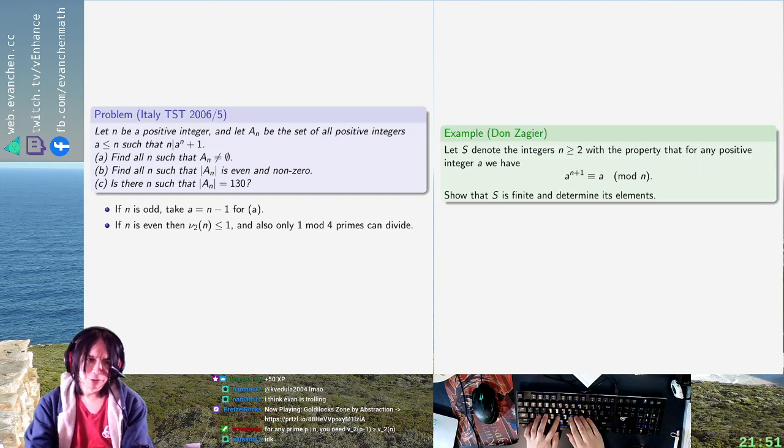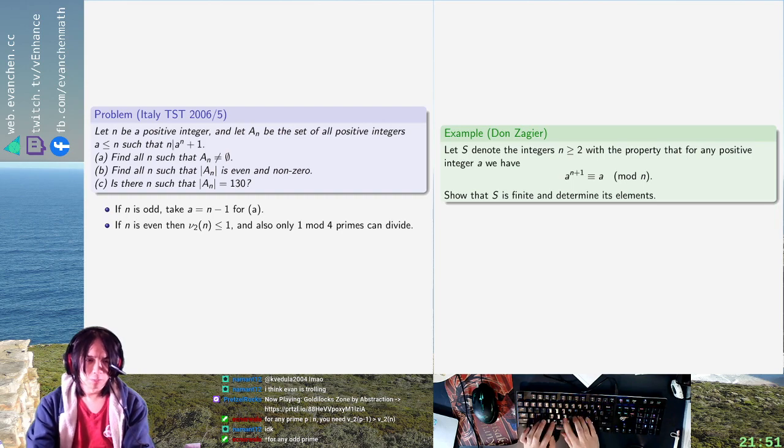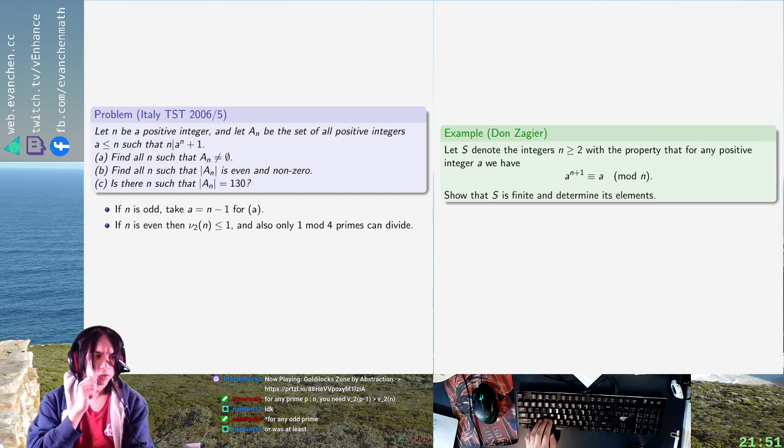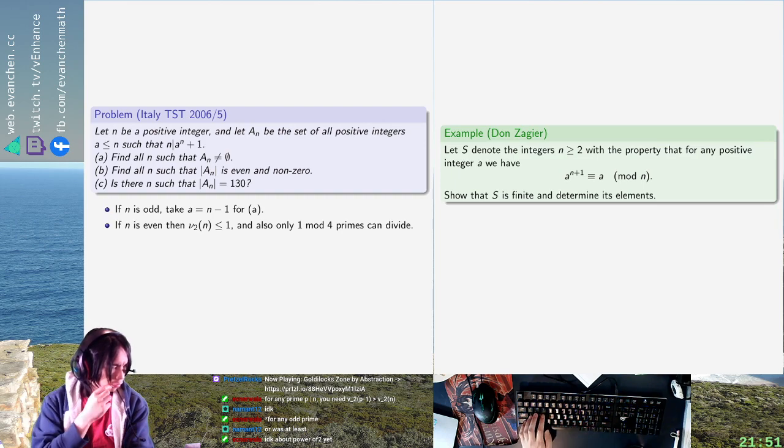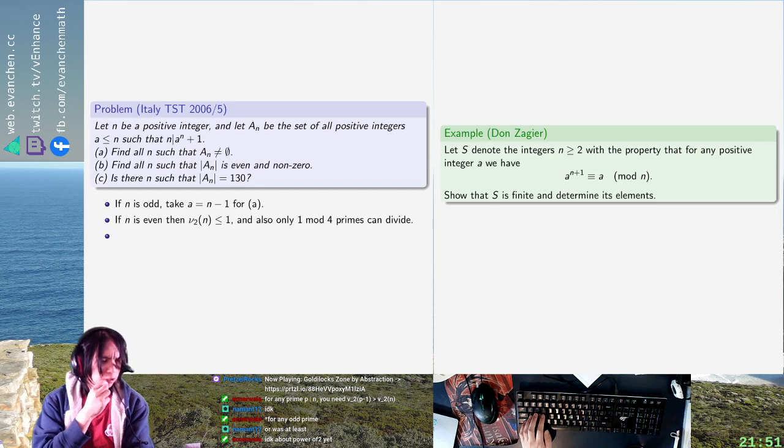Yeah, by using primitive roots, it should be okay. You want minus 1, so you need v2 of p minus 1 greater than v2 of n? Really? Why?